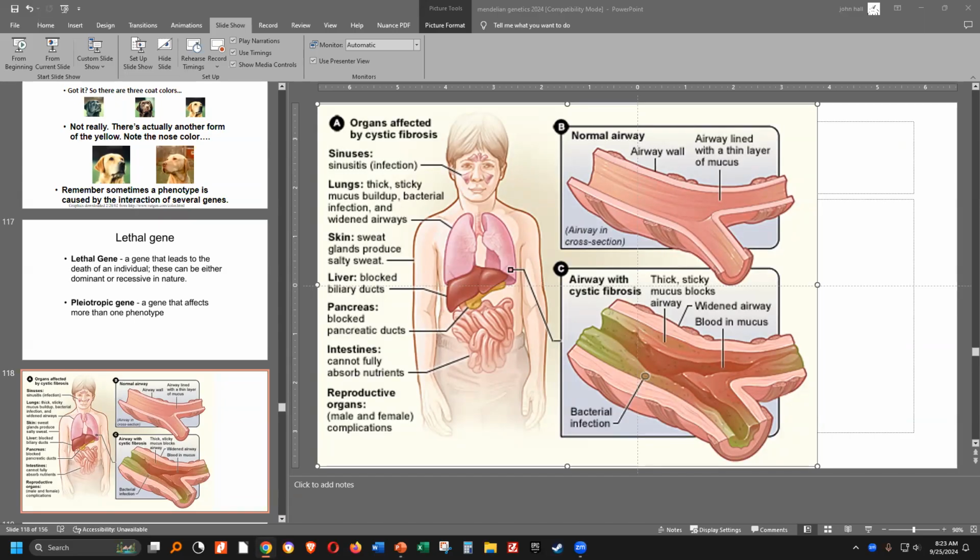So lethal alleles, once they show up, you go away. Simply put. Most of them are recessive, right? And remember, they do not have to be immediately fatal. They simply have to lead to your death. So once again, cystic fibrosis and sickle cell anemia are lethal alleles, okay?